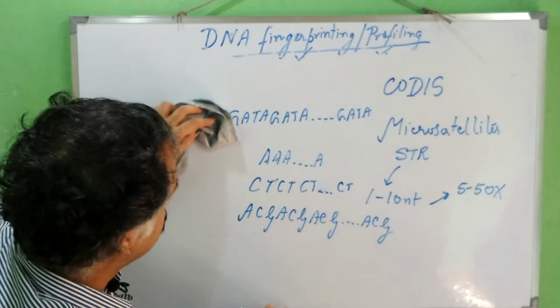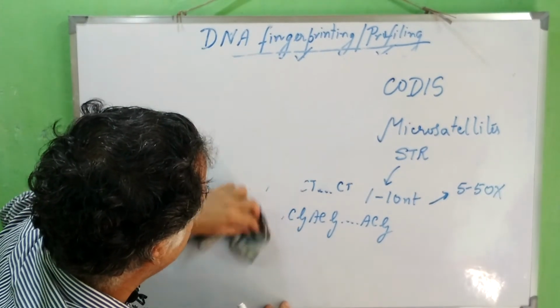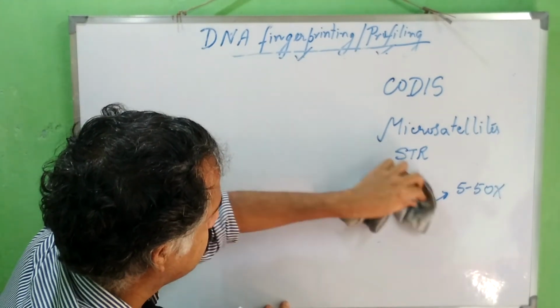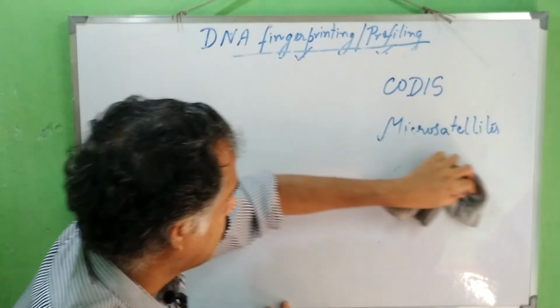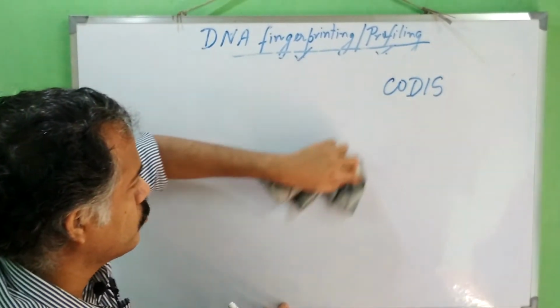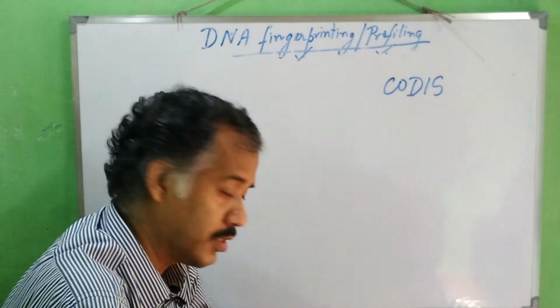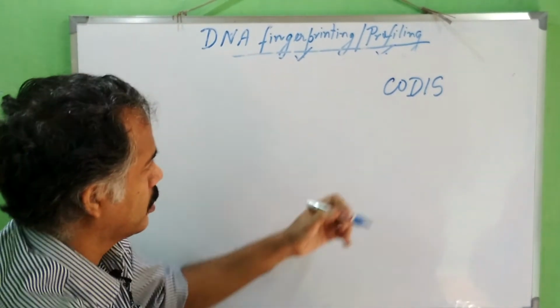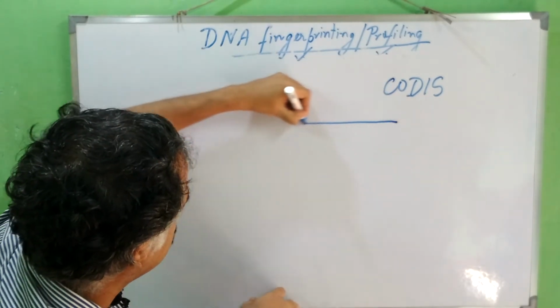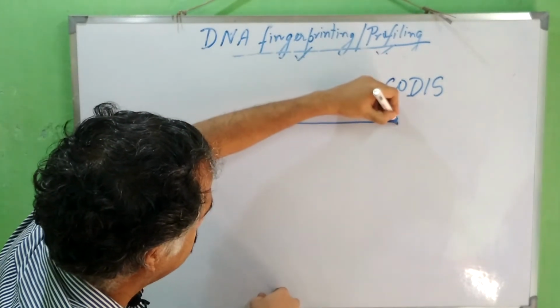The big thing also was that, as I said just now, they could be used for PCR analysis, which is much more sensitive and much faster compared to the original Southern technique that Jeffries had used for the VNTRs, the minisatellites. So how does this work here? Basically, the idea is still very much the same. But here, instead of restriction enzymes, you use PCR primers.